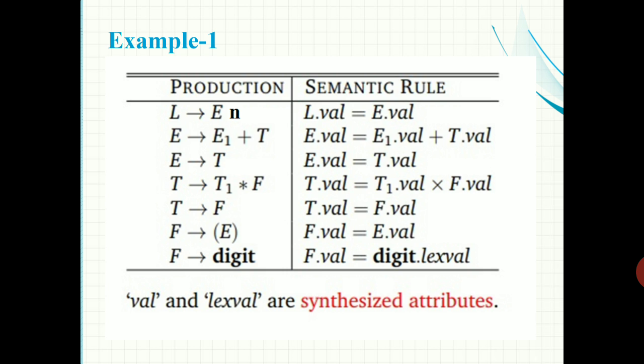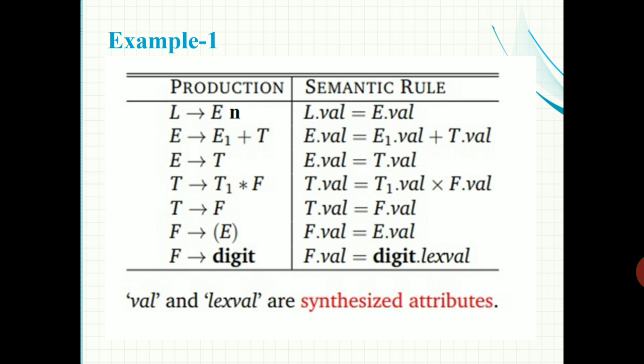So both the attributes are synthesized attributes. So we can say that it is an S attributed definition, or also an L attributed definition, because all S attributed definitions are L attributed definitions.